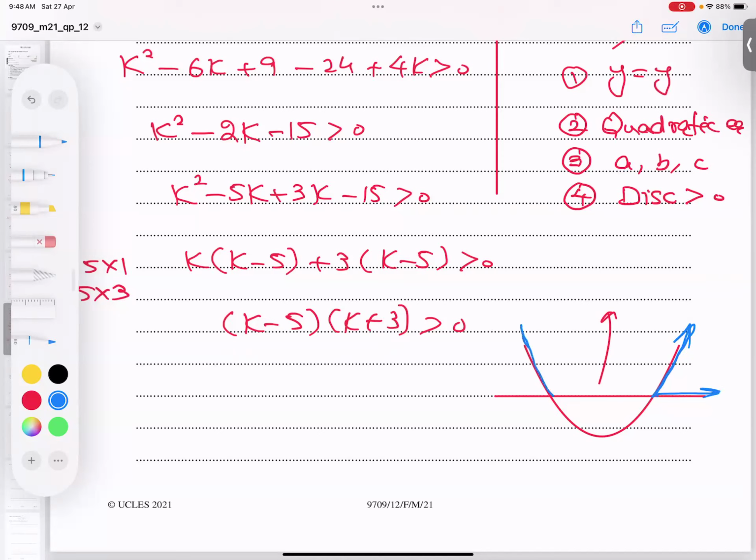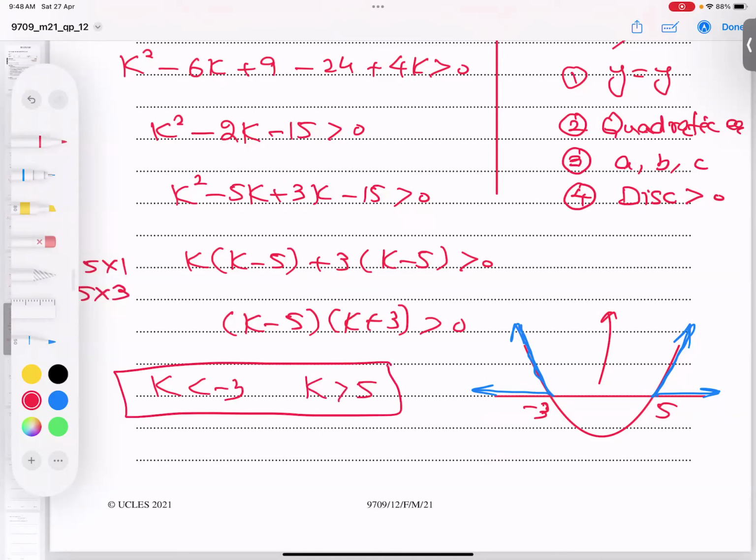I hope it is clear. This is how to read it. Put this equal to 0, I got a positive 5, I'm writing here. Put this equal to 0, I got negative 3, I'm putting here. What is this arrow saying? This is saying less than negative 3. And what is this arrow saying? More than 5. I believe the point is very clear.